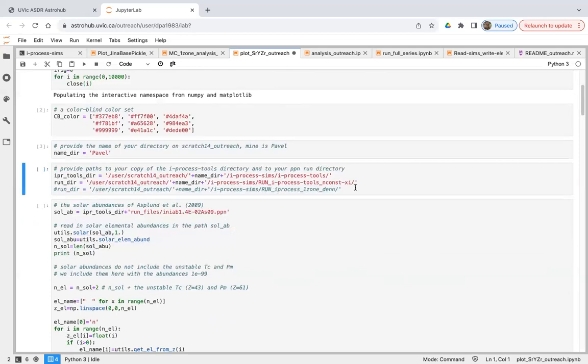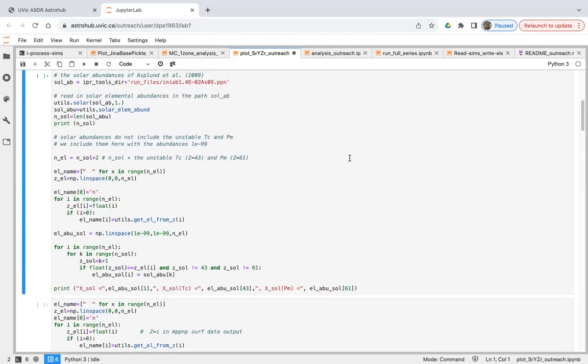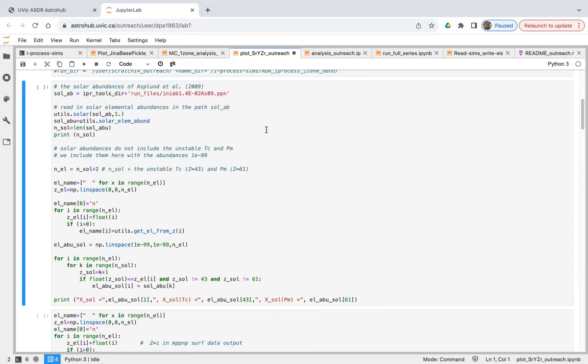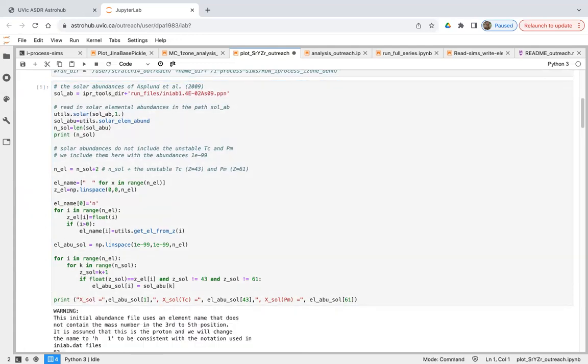If some cells of the notebooks report an error, what you should do in the first place is check if the file names and the paths to directories are correct, and if the file that is asked to be used in the cell is available, if this file exists in your run directory. Otherwise, everything should work, I hope. Okay, so almost automatically. So here, as you can see, we read solar abundances of Asplund 2009.